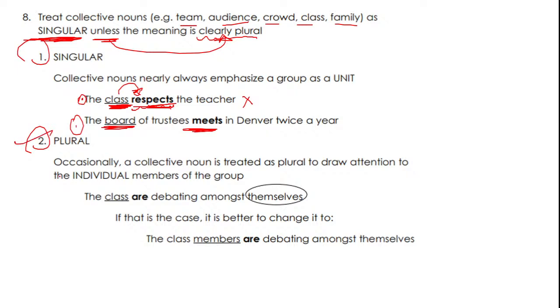Next, if we go for the plural statements: the class are debating among themselves. तो ये जो word यहाँ पे highlight किया गया, themselves, से पता चलता है that the class, that is the collective noun used here, is mentioned as per the plural statement, क्योंकि meaning plural निकल रहा है, इसलिए we are going to take the class as a plural collective noun over here.